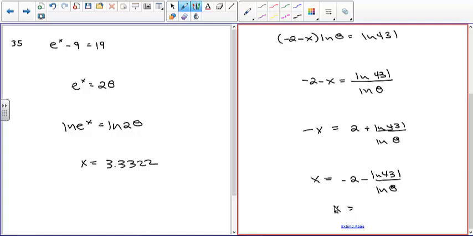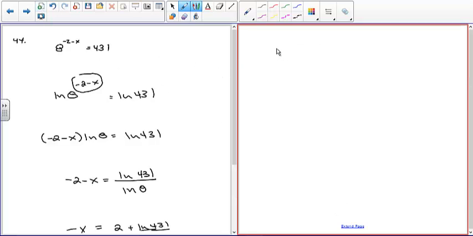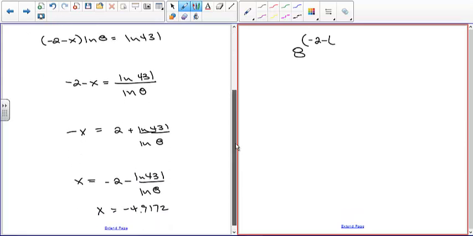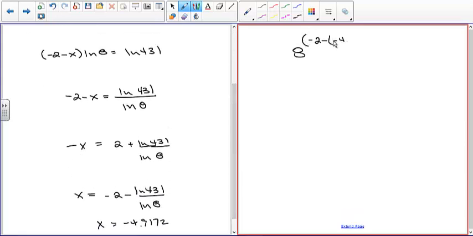and I get x equals negative 4.9172. So if I evaluate 8 raised to the negative 2 times negative, and then I put a negative 4.9172 here, that's the same as 8, and so you're adding the 4 really, so it's negative 2 plus 4.91721.